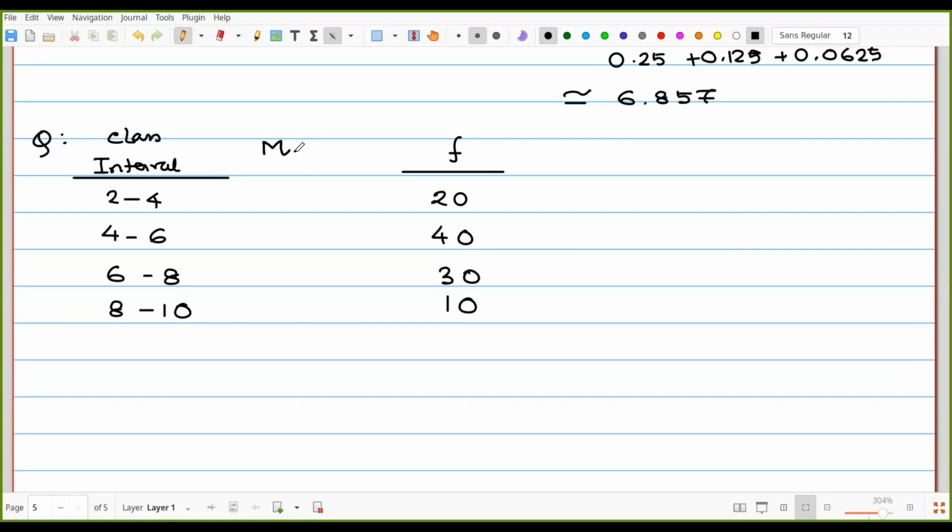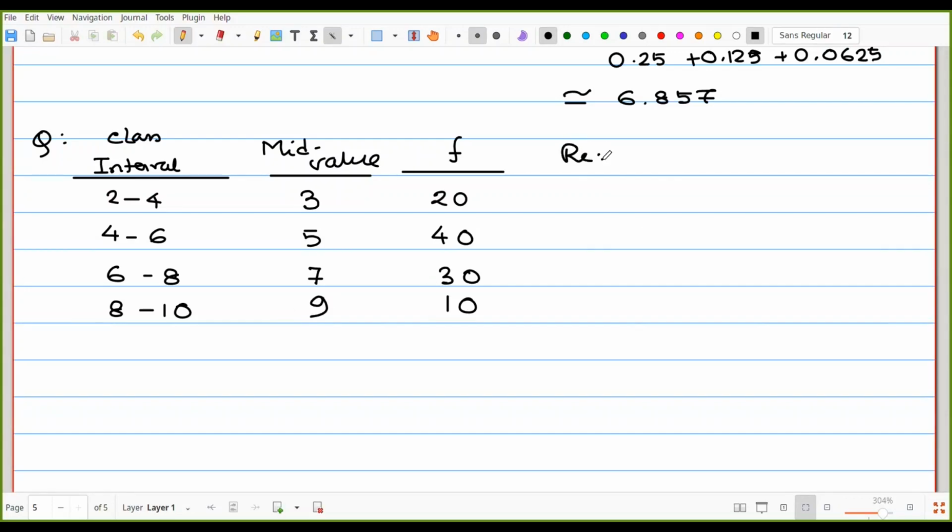Find the mid values first. 2 to 4, its mid value is 3. 4 to 6, mid value 5. 6 to 8, mid value 7. 8 to 10, mid value 9.